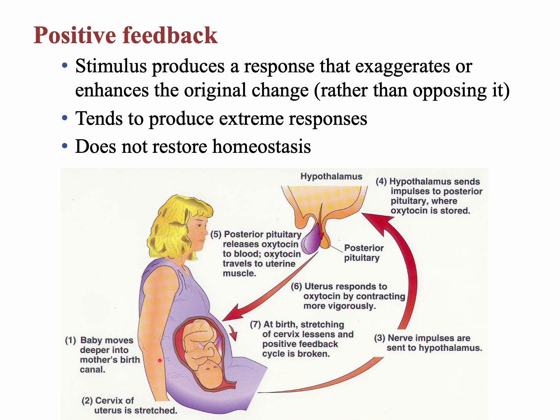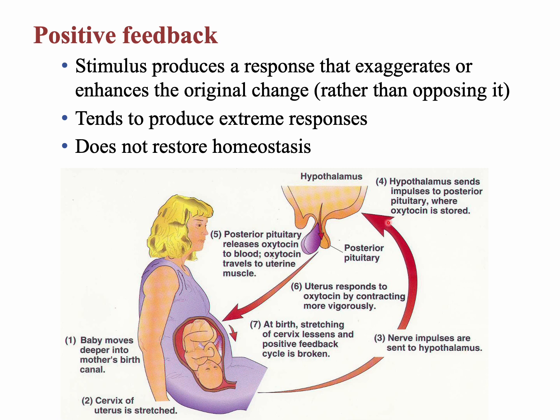Okay, so the example that we have here is parturition, or childbirth. The baby moves deeper into the mother's birth canal. This is going to cause the cervix to stretch. That stretching cervix is going to send signals to the hypothalamus.